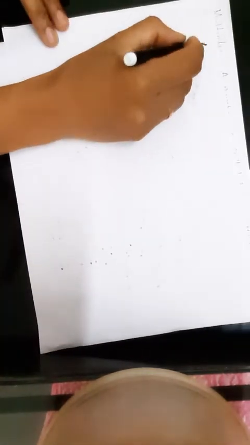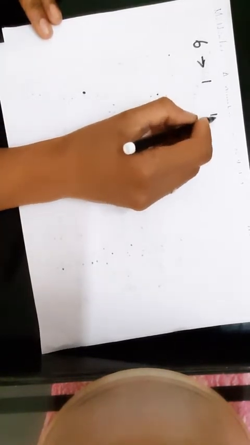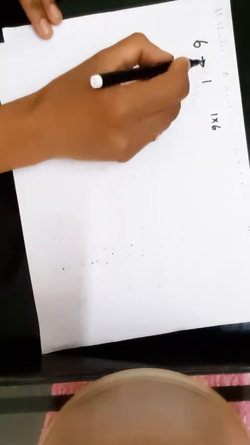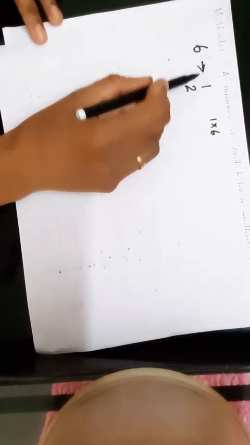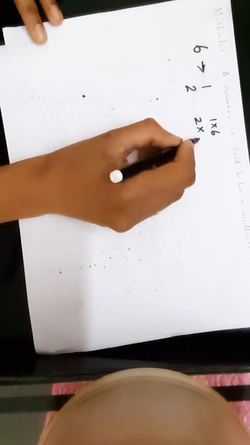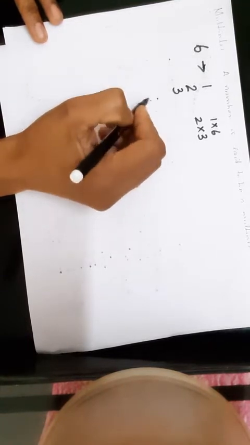6. Let us see which are the factors of 6. 1. Yes. Why? Because 1 into 6 is 6. Is it 2? Is there any number multiplying with 2 to get 6? 2 into 3. Next, let us check 3.